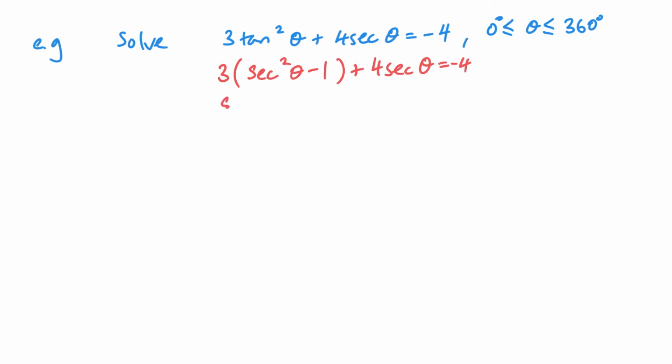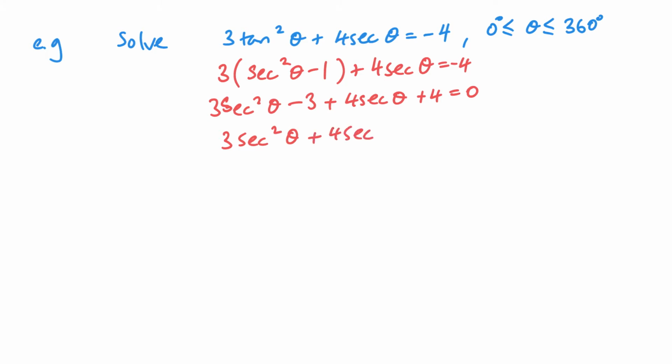Now I want to expand my brackets. And I'm going to take the 4, get everything onto one side. So 3 sec squared theta plus 4 sec theta plus 1 equals 0.